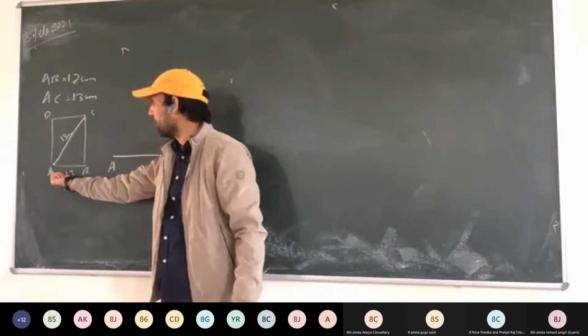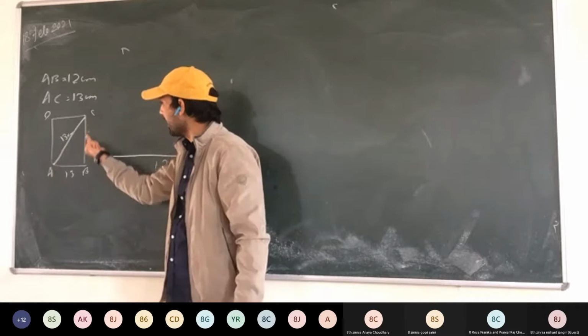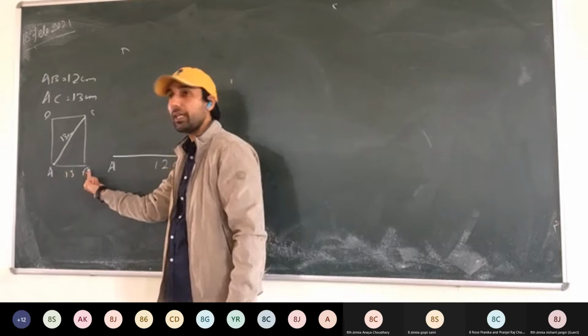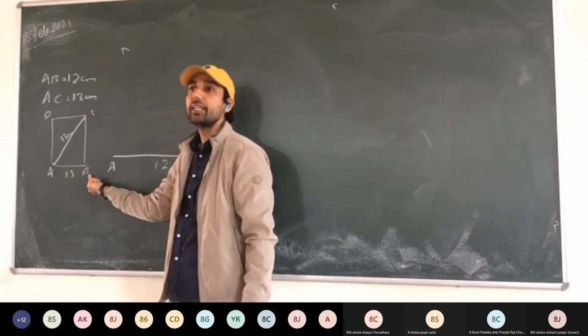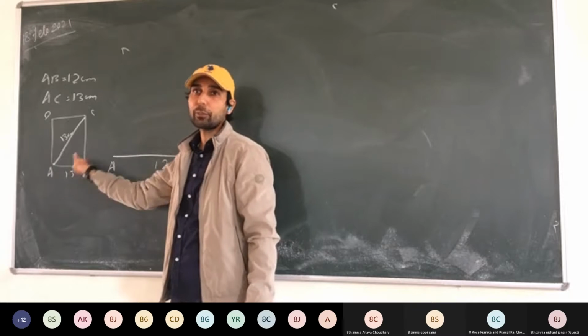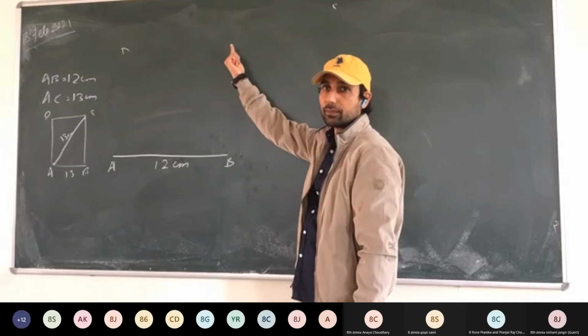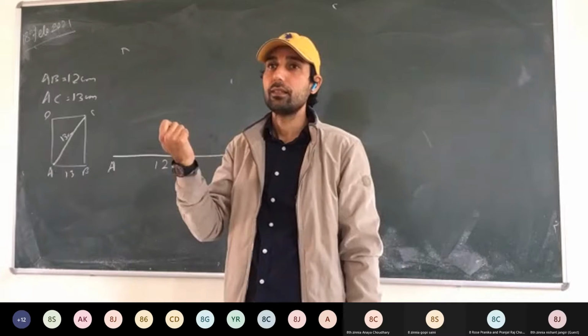So C is how far from A? 13 centimeters. And C lies on what to AB? On the perpendicular to AB. BC is perpendicular to AB. It's a rectangle, so BC is perpendicular to AB. So at B we can draw a perpendicular line.